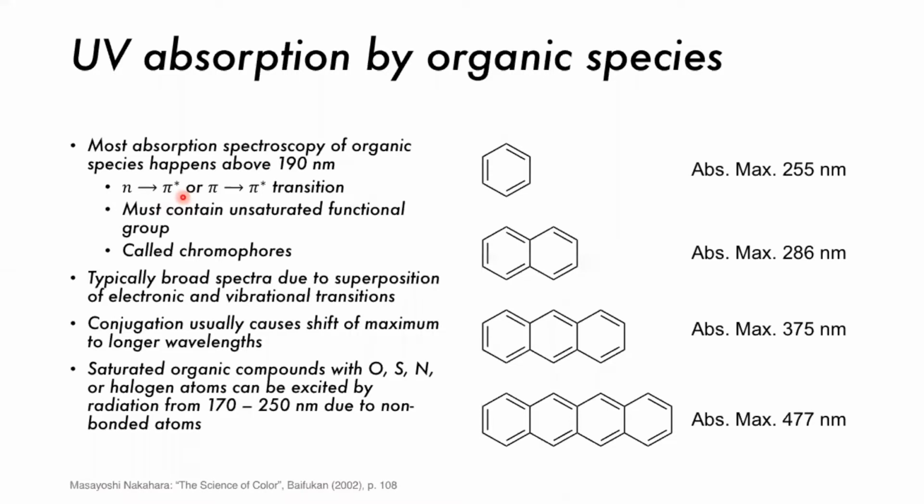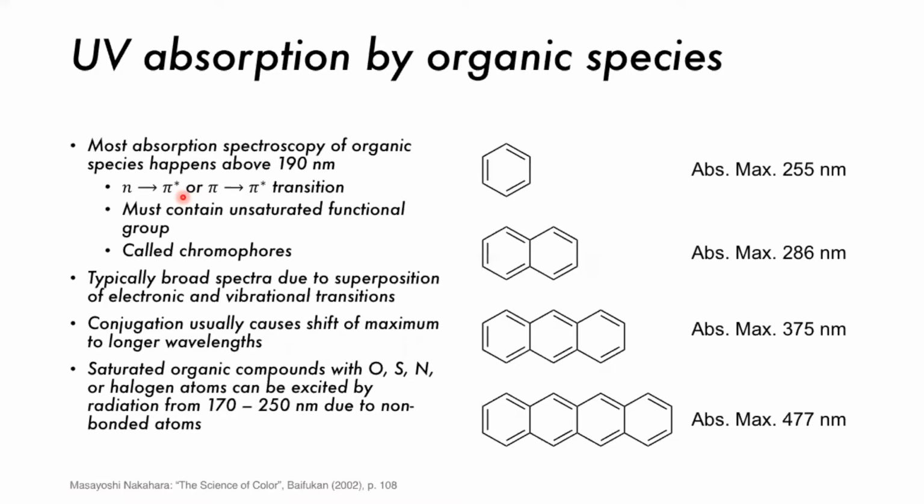Oftentimes, chromophores are not actually in themselves UV-visible active, but when they are added to a system which is, they can often affect the wavelength by introducing more electrons, in the case of things like sulfurs, like thiols, and hydroxyl groups have oxygens with lone pairs, and so on. Those can be added into any conjugated system, and that can change the wavelengths which are absorbed.